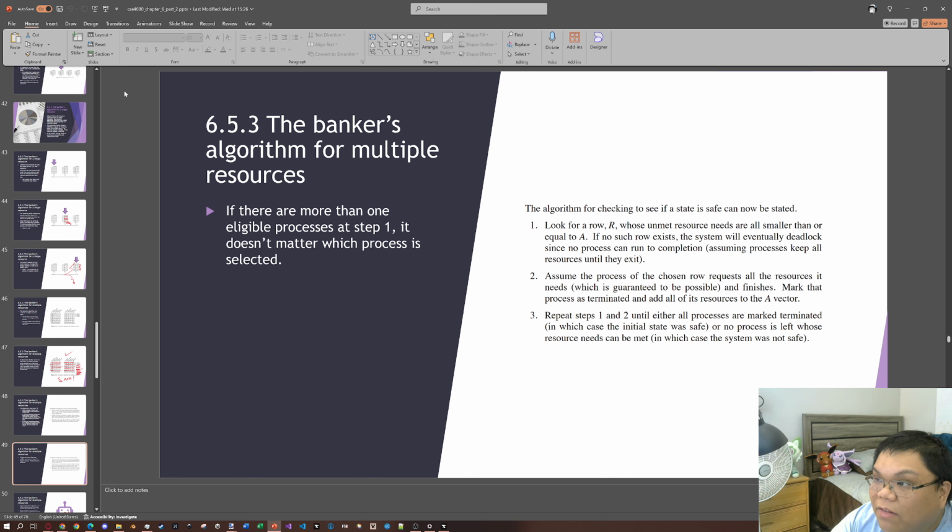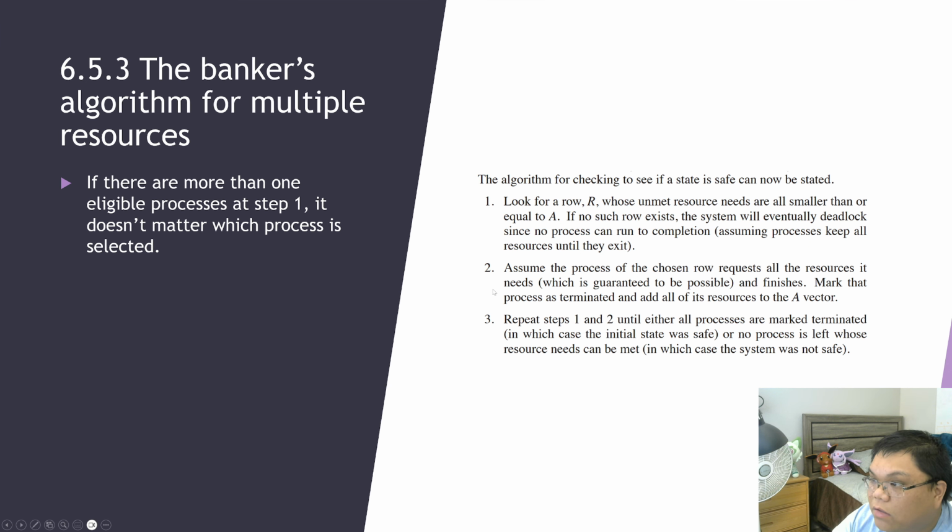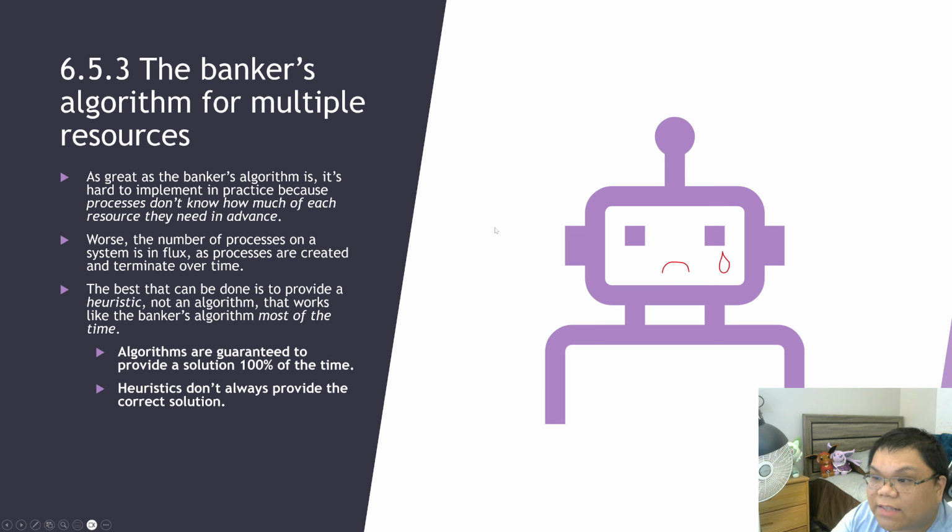So, yeah, now we have an algorithm with which we can avoid deadlock altogether. But there's still a problem. And it is this. As great as the banker's algorithm is, it's hard to implement in practice because processes don't know how much of each resource they need in advance.